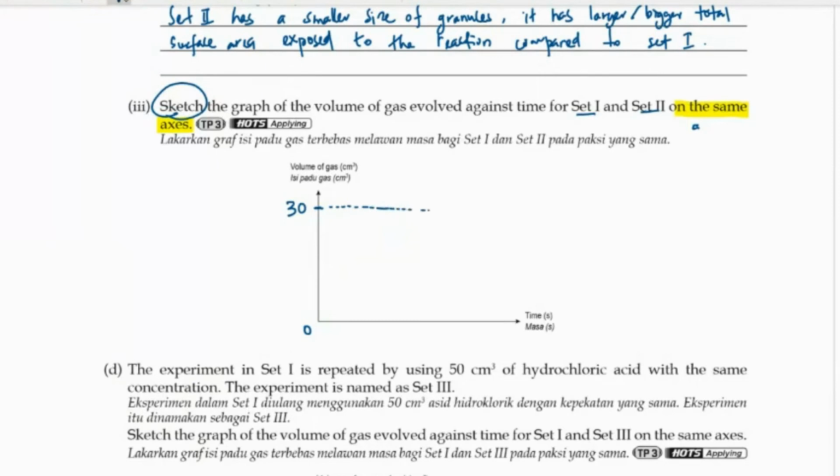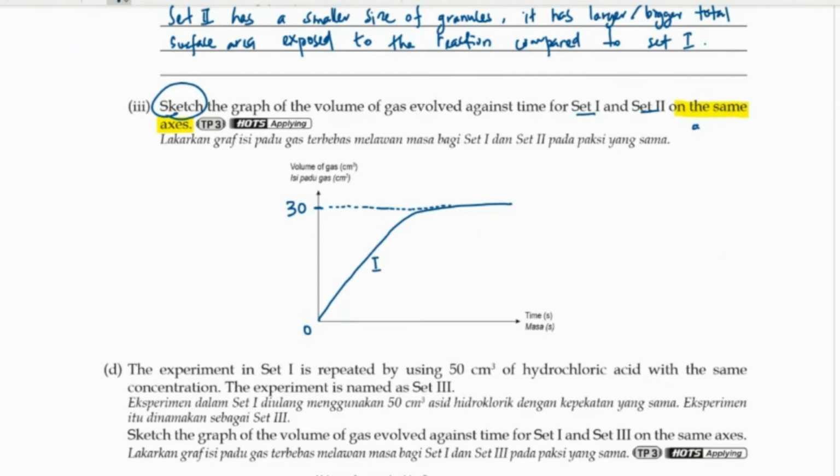I put it not that close. One more time, sketch the graph like this. This is set 1.